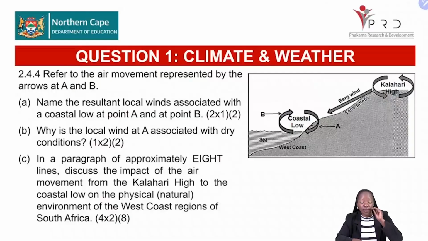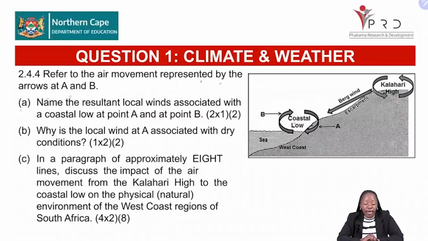It has A, B, and C. You refer to the air movement represented by the arrows at A and B. Remember, it is important to go through the diagram and see what you see in that diagram. So now you are getting a question that says, refer to the air movement represented by the arrows at A and B. As you can see, the A is from the west coast, it is coming in, and at B, it is going out.